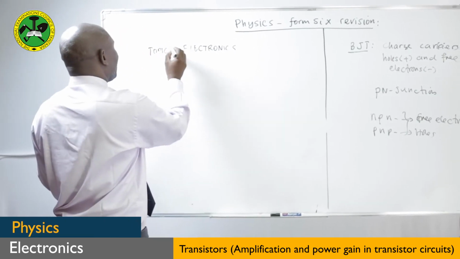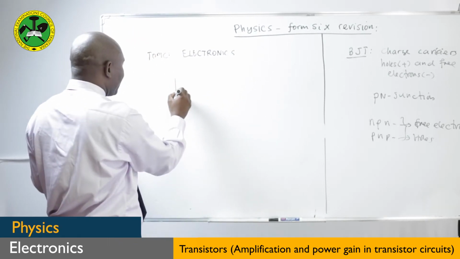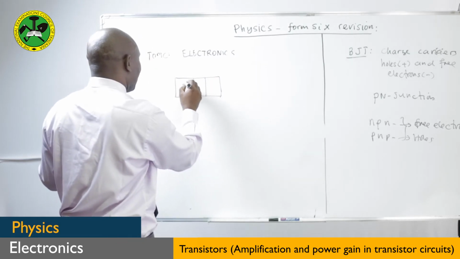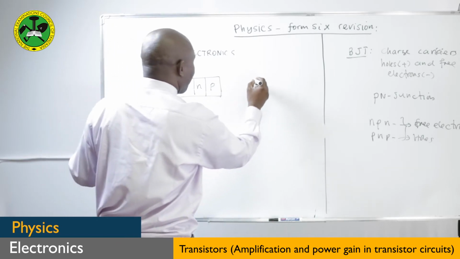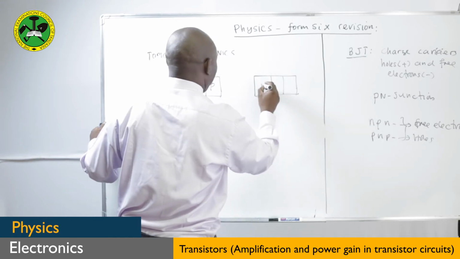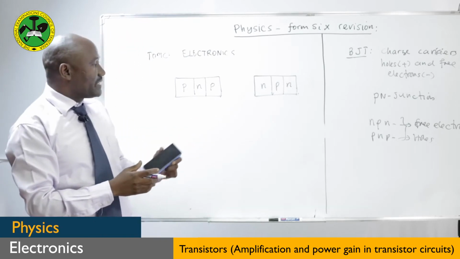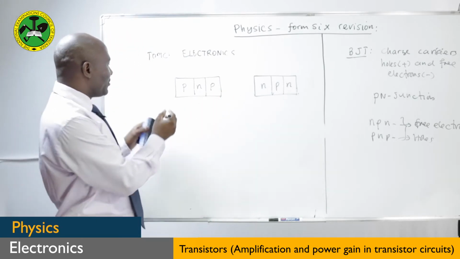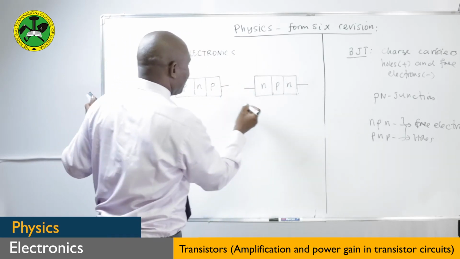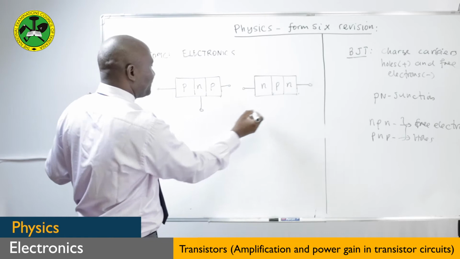So we have seen the types of bipolar transistor. Now let's talk about the symbol of the transistor. We normally use this as PNP or NPN. You can see a transistor, either NPN or PNP, has three terminals. This terminal here at the end, and the other terminal at the end here. And then you have another terminal in between.